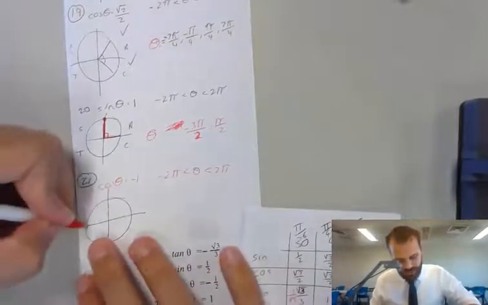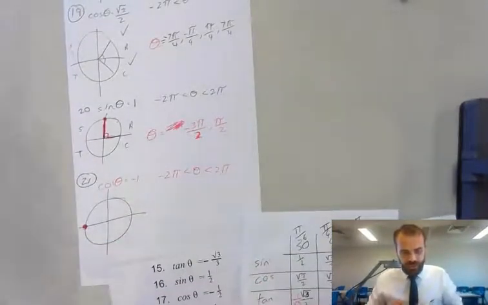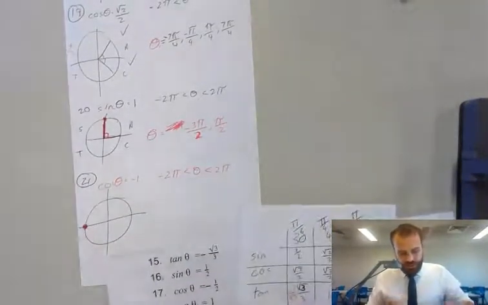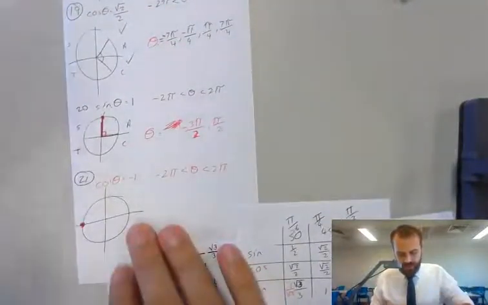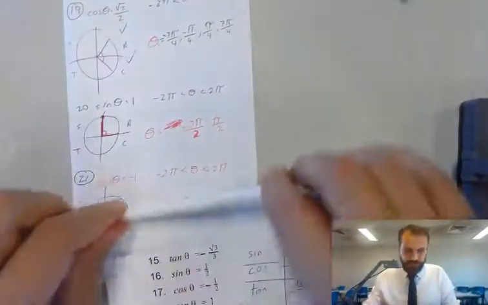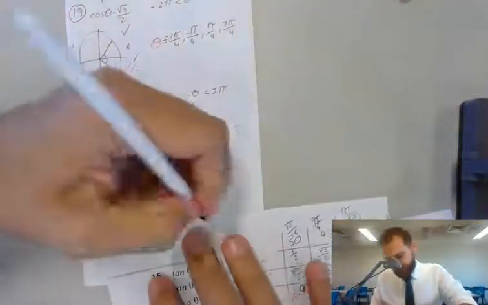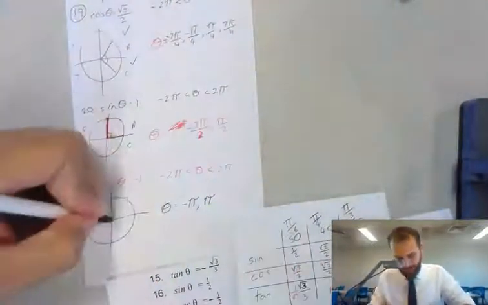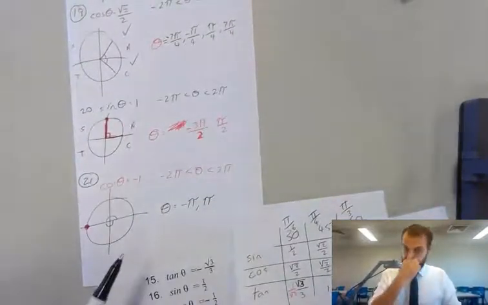The only place that happens is here. Okay. So we work around negative. That's negative pi. We work around once. And the other way, pi. Negative 180, positive 180. So only going to be 2 answers to that.